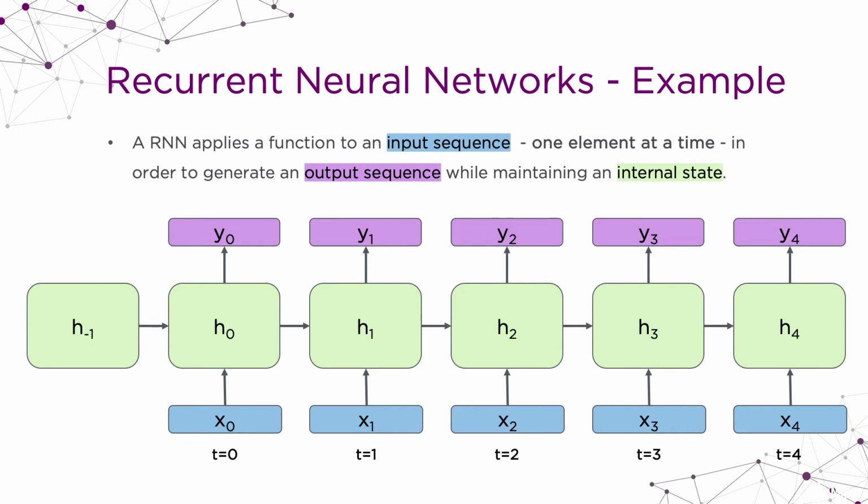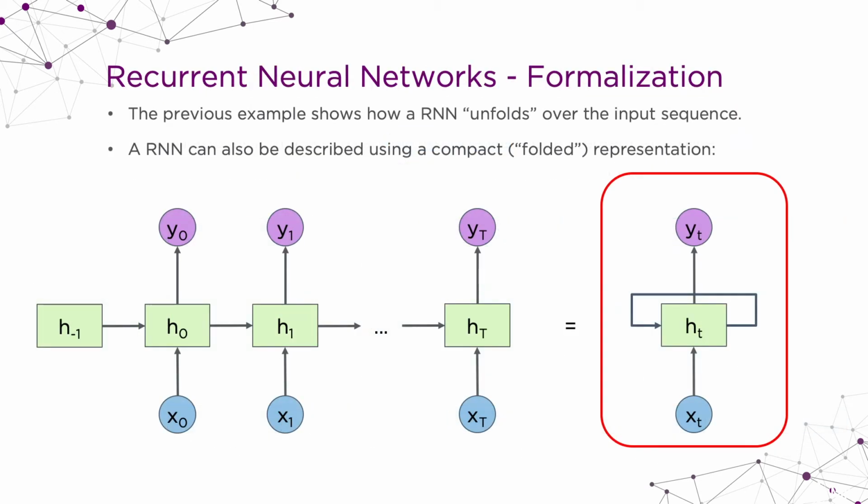And at this point, we can do yet another step. So we go from this unfolded version on the left to this more generic representation on the right that will help us to introduce the equations. What I did here is not too complex. Basically, I'm just representing one generic time step t instead of the whole sequence.